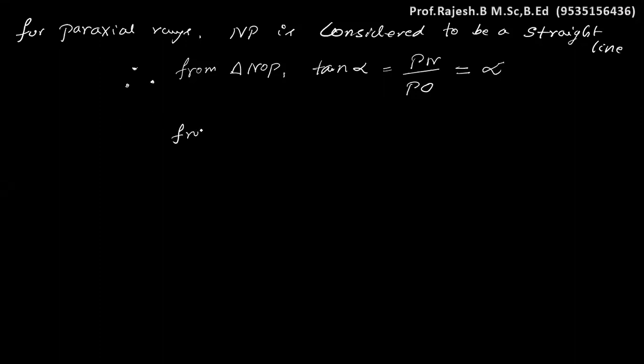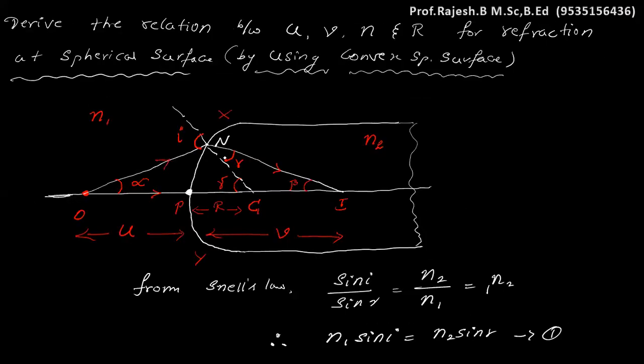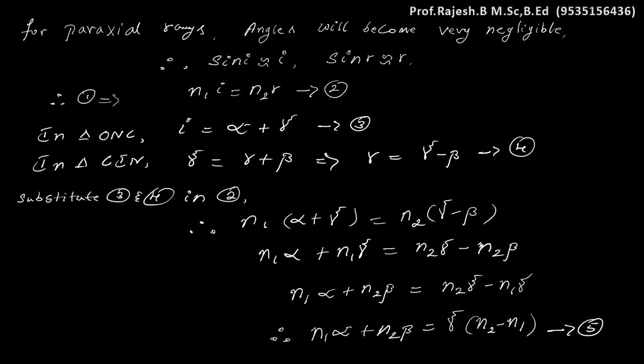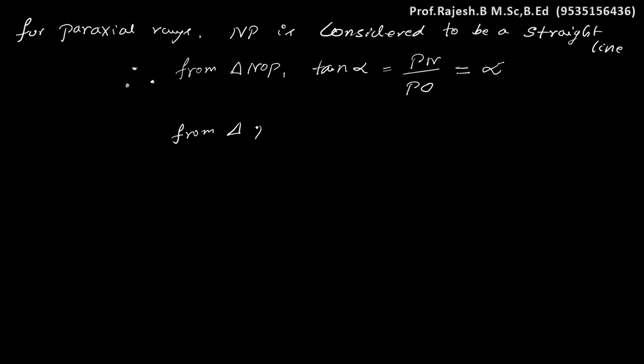And again, from the triangle, consider this PIN. From the triangle PIN, I can consider tan beta. Again, the perpendicular side is common, PN by PI, it is beta.